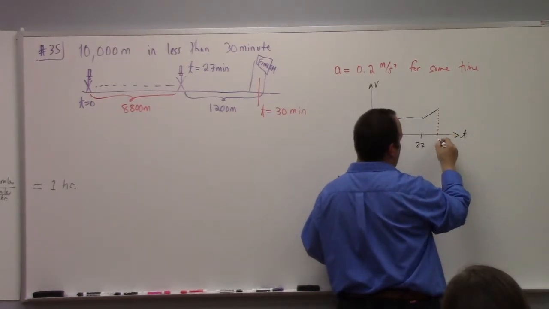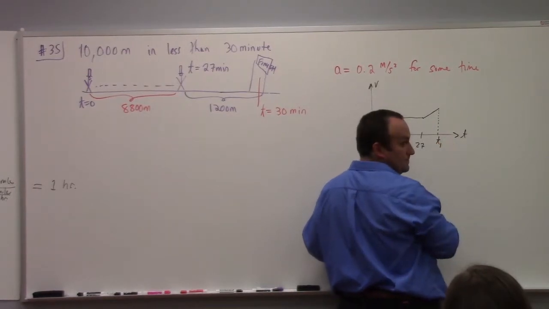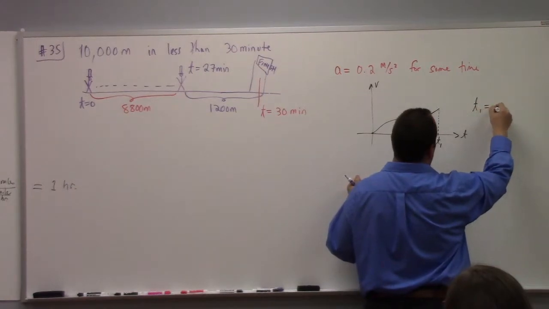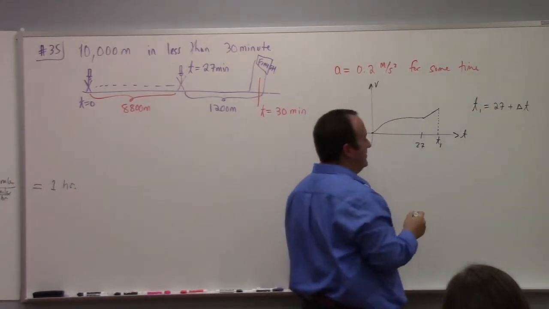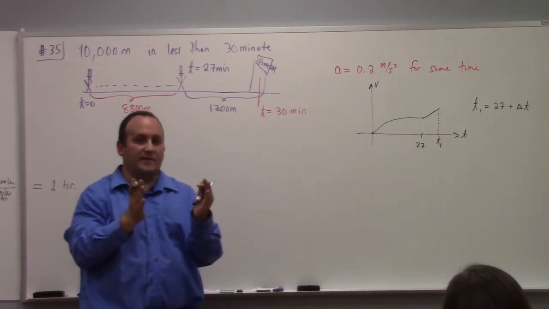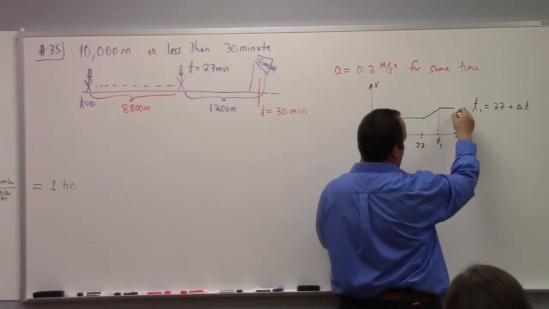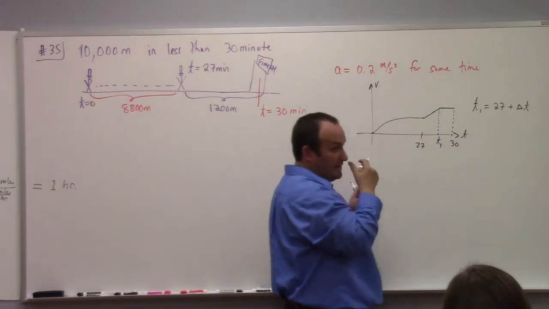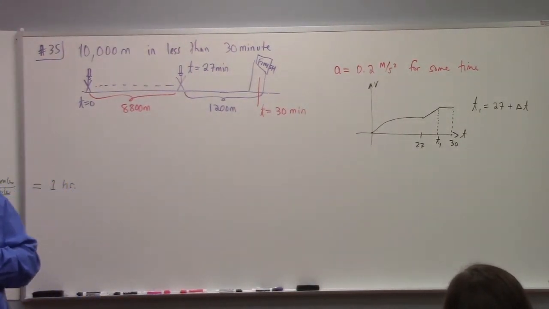So there's some time here, let's say t1, equal to 27 plus delta t, where delta t is the speed-up time necessary for the runner to get to the next speed. Then they plateau out to 30 minutes. That's my reading of the problem, because they're not going to accelerate all the way to the finish line. They're going to accelerate for a little bit, long enough that they can reach the finish line at 30 minutes.